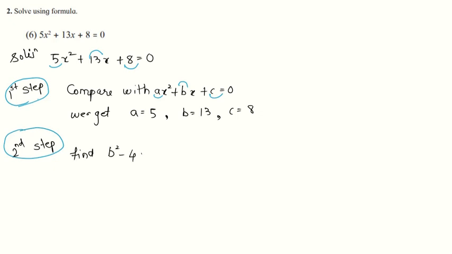What is b? 13 square minus 4 into a is 5 into c is 8, equal to 13 into 13 is 169 minus 4 into 5 is 20 into 8 is 160, which is equal to 9. So the value of b square minus 4ac is 9.